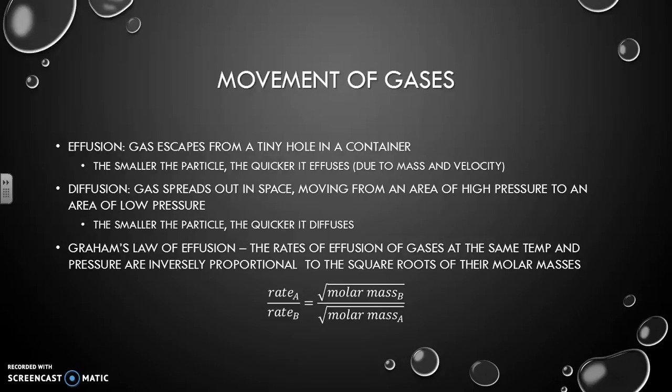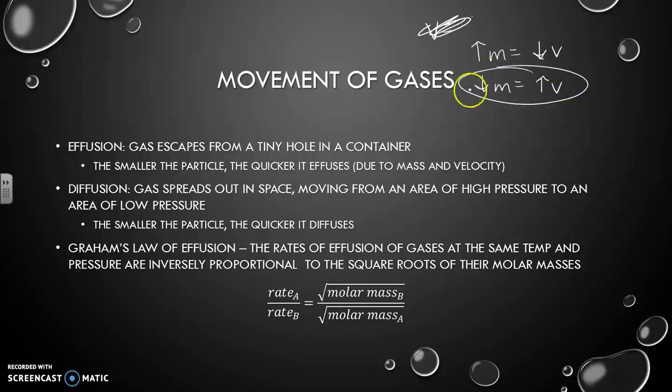Since mass and velocity are related, if you have something that has a bigger mass, it's going to have a slower velocity. And if something has a lower mass, something that's teeny tiny, it's going to go a lot faster. So the smaller the particle, the quicker it effuses.